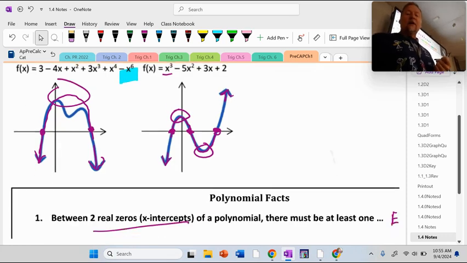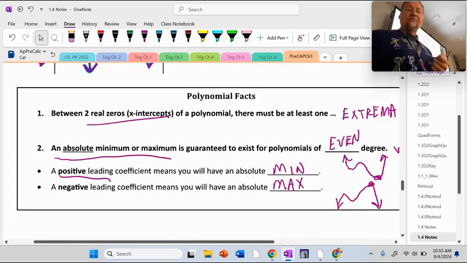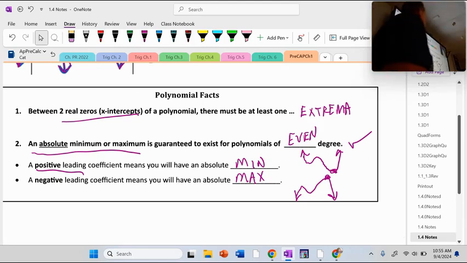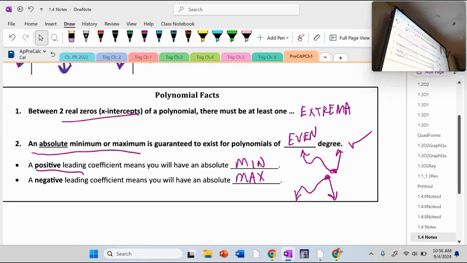All right? So that's why we should know the following things. Between two real zeros, there absolutely, positively, without a doubt, has to be an extrema. I don't know if it's an absolute or relative, but I just know it's got to be there. And then if I have an even degree polynomial, x squared, negative x squared, x to the fourth, negative x to the fourth, those would absolutely positively have absolutes.